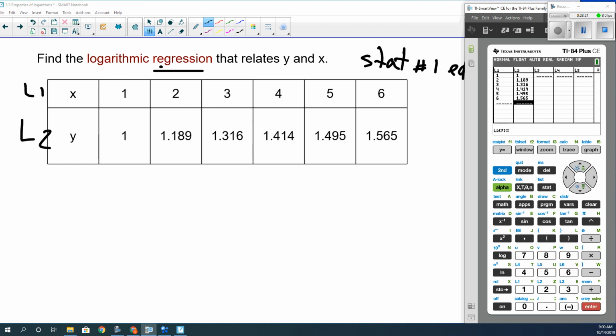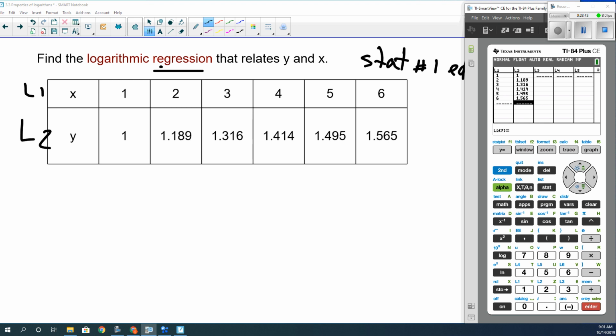Once I have all my numbers entered in, I make sure that my lists are both the same length. If my lists weren't the same length, then either I typed a number in twice or I skipped a number. And if that happened, I'd have to go back and look through and figure out where my missing number was or where my mess up was, and then I'd have to fix it. Okay, so you just have to make sure they end in the same spot.